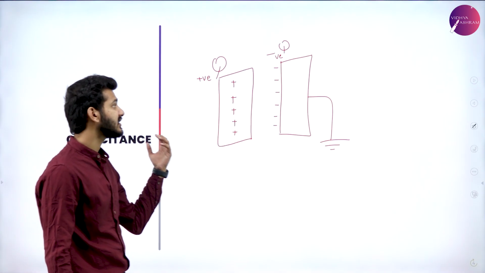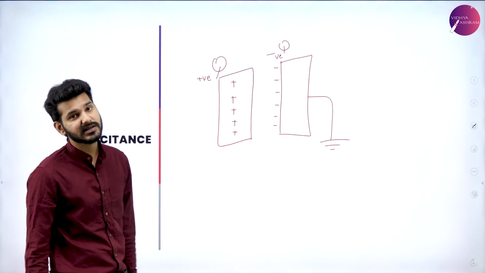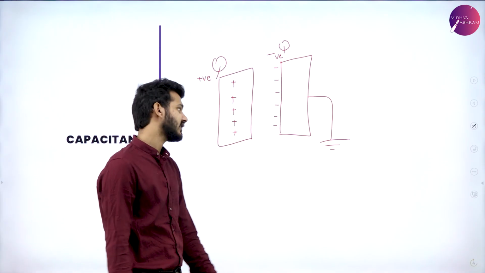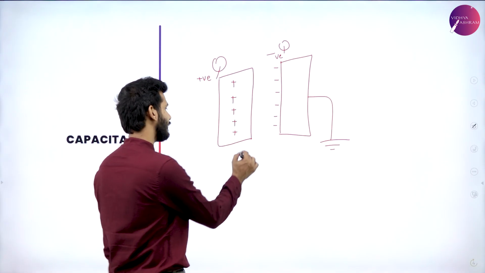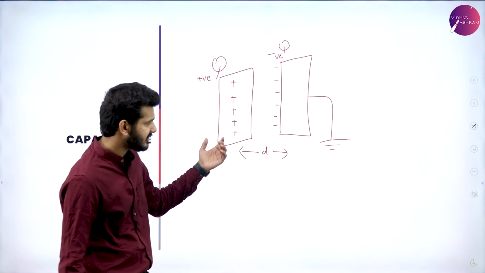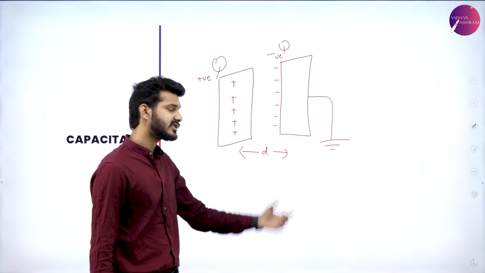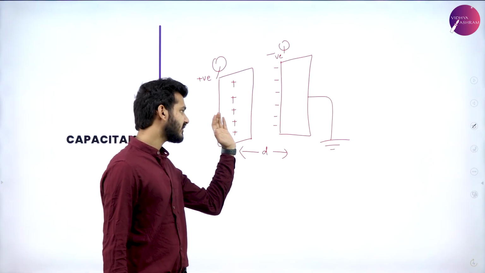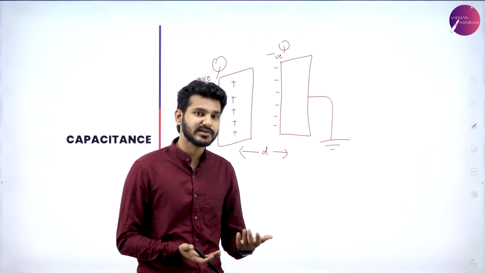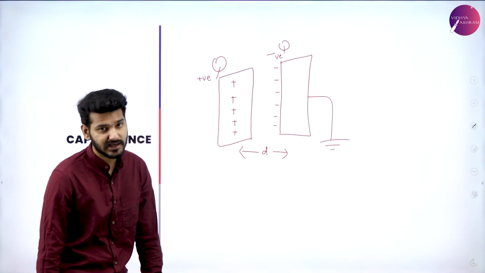When there is a charge separation between two quantities, there will be an electric field also between them from positive to negative. Let's say they are at a distance D. So one plate is positively charged and one plate is negatively charged, and they are at a distance of D. So the electric field will be from positive to negative. Now, why did I actually make this particular plate like this?